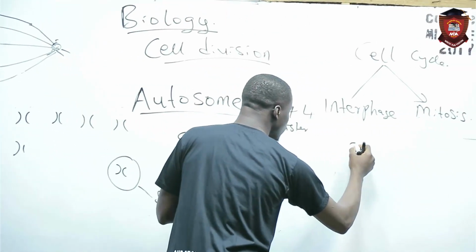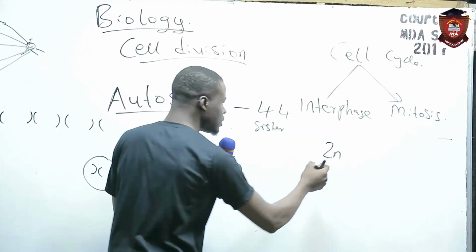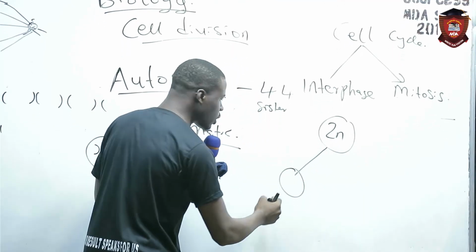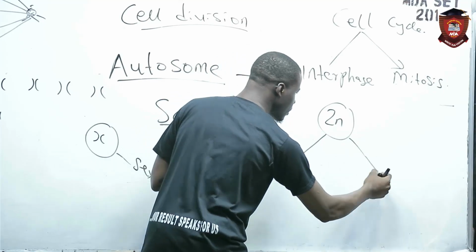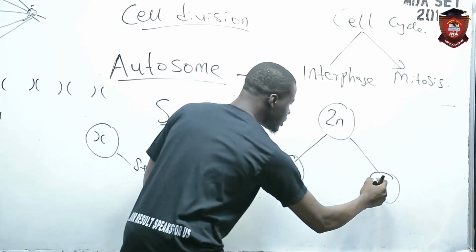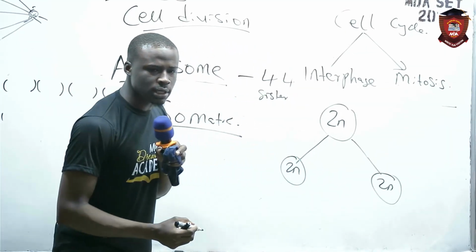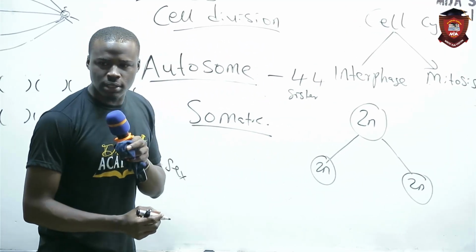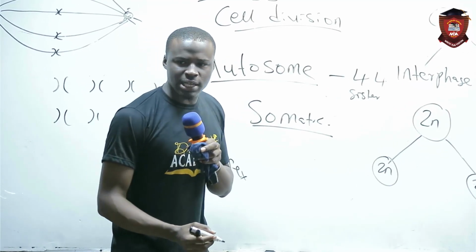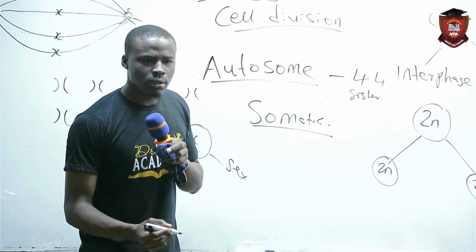When we have a cell, this is the mother cell, and it divides. You form diploid cells, which you see in mitosis. But haploid, you see in meiosis.